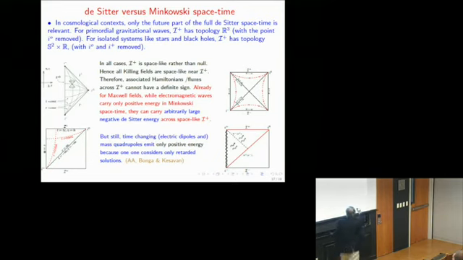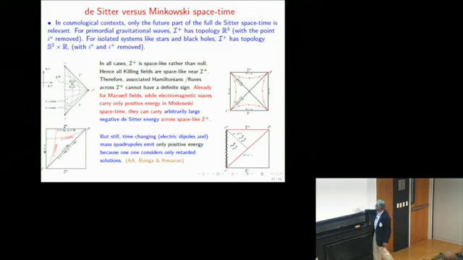As we just saw, even for a Maxwell field, electromagnetic waves can carry negative energy because the Killing vector field is not time-like. For example, on this horizon, the Killing vector field is future-directed. On this horizon, the Killing vector field is past-directed. Therefore, waves coming in from here will have, say, positive energy, and waves coming in here would have negative energy.